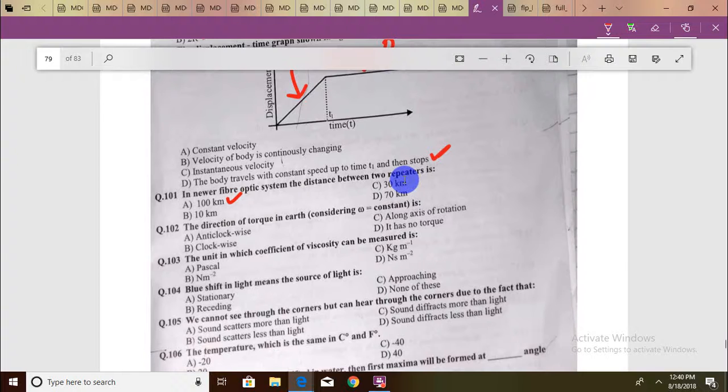So the direction of torque in earth is anti-clockwise, clockwise. Along the axis of the torque, it has no torque. Torque is a strange principle. It's when we have a force that is perpendicular to an axis, right?